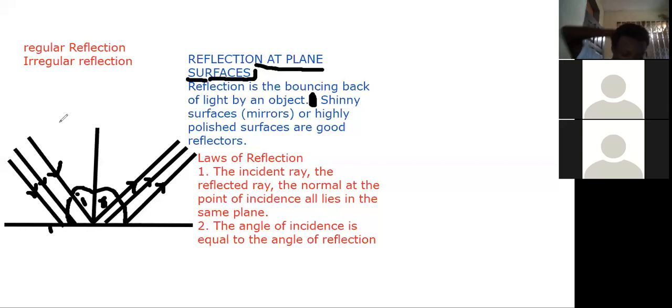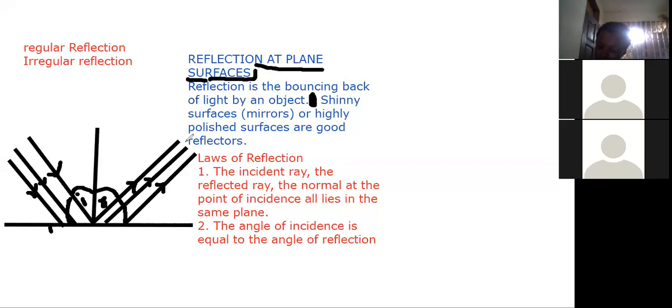Examples of objects that perform regular reflection are polished surfaces, so we can mention mirrors and so on and so forth. Regular reflection occurs when all the parallel rays, a parallel beam, incident on the surface are reflected through the same angle, and the image produced is clear and well defined.